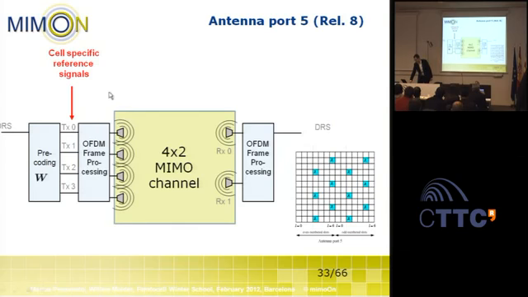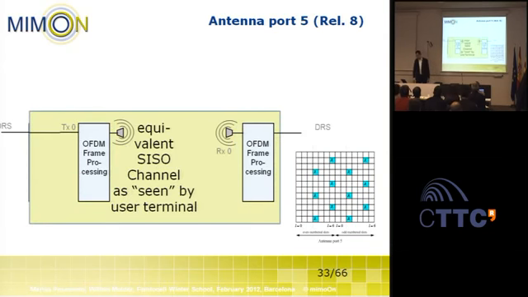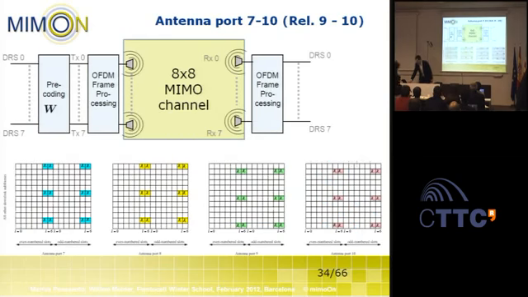This is in contrast to the cell-specific reference signals, which are only included on the layers. In essence, from the user equipment's perspective, it sees an equivalent SISO channel. If it detects the user-specific reference signals, what it sees is just a SISO channel, because the reference signals are transmitted with this particular chosen beamformer. However, it allows the user equipment to implicitly estimate the equivalent SISO channel, and that's all it needs to detect the symbols.